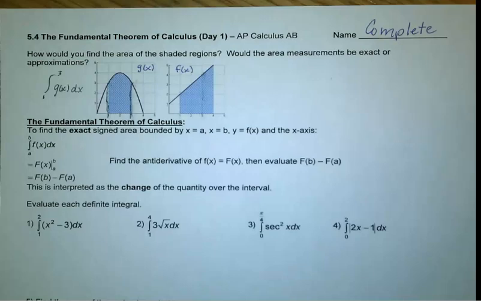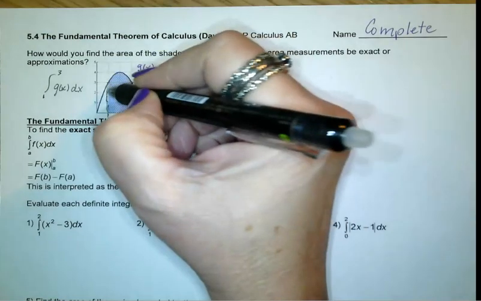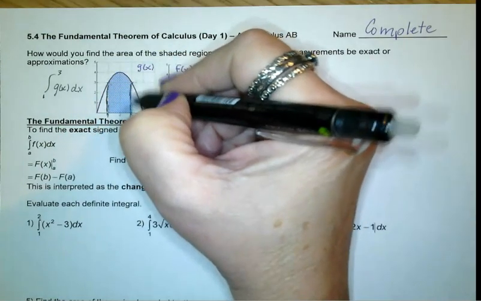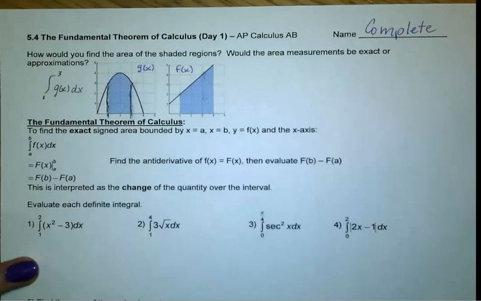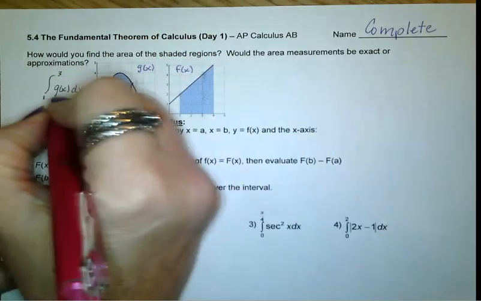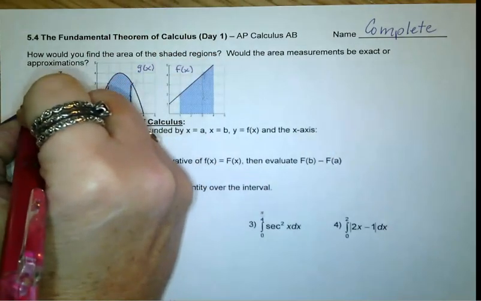Based on the shape of this graph, what technique would I use that we've looked at so far? Well, that's where Riemann sum comes in. We could do right Riemann sum, left Riemann sum, midpoint Riemann sum, or we could do trapezoids.